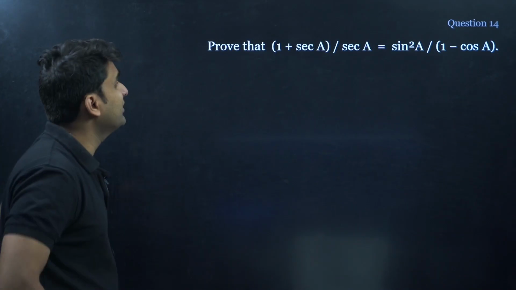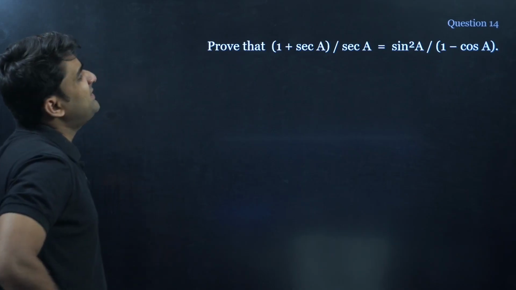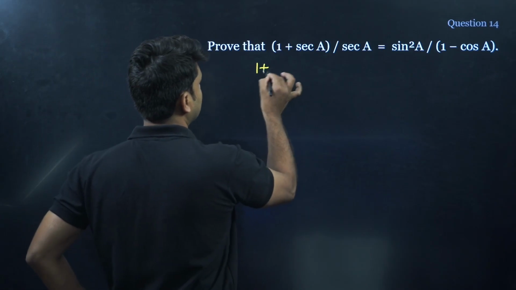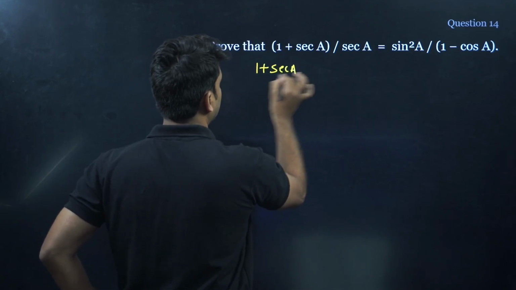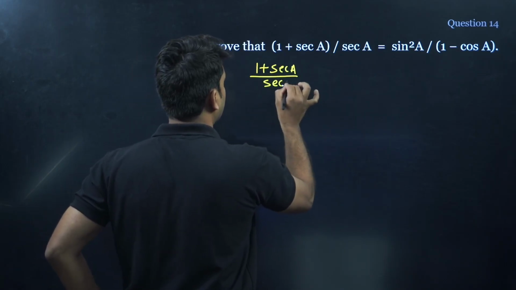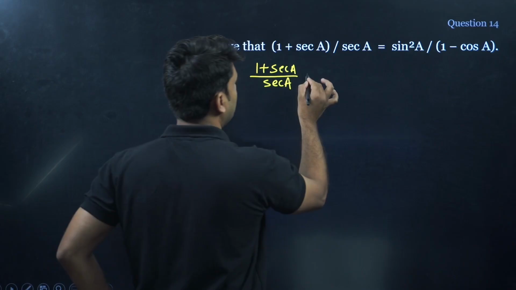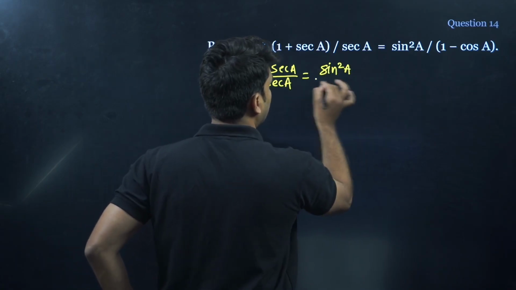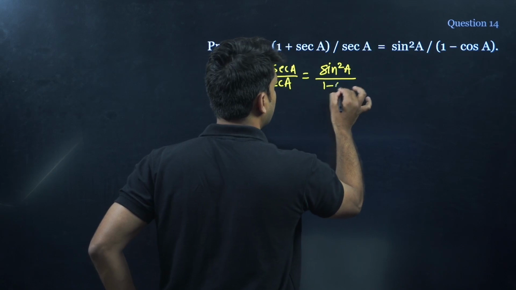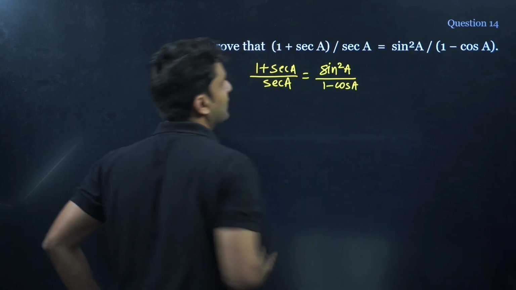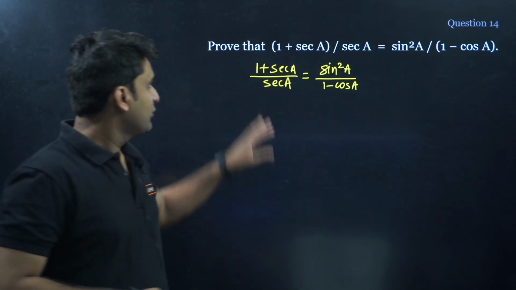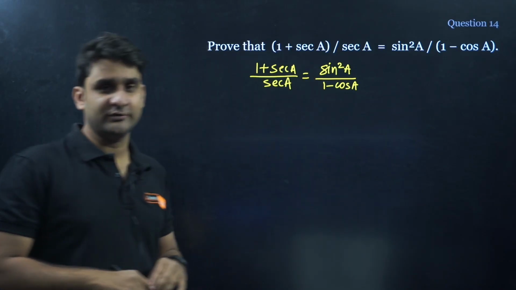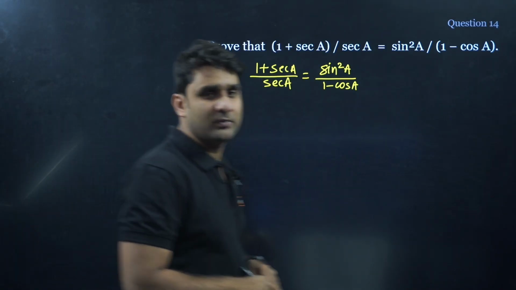Okay, the question here is 1 plus sec A divided by sec A is equal to sine square A divided by 1 minus cos A. How to do?